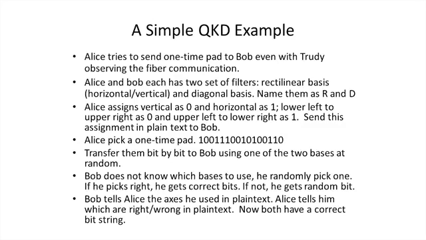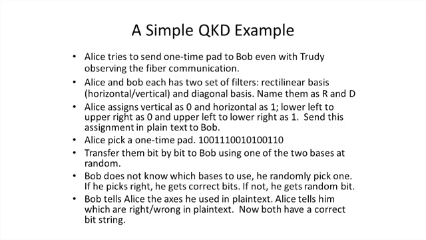Alice picks a one-time pad with information 100, 111, 001, 010, 0110 and transfers them bit by bit to Bob using one of the two bases at random. Bob does not know which basis Alice used, so he randomly picks one. If he picks it right, he gets the correct bits. If not, he gets random bits.